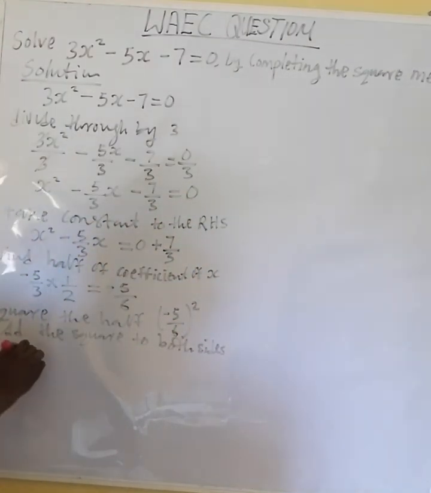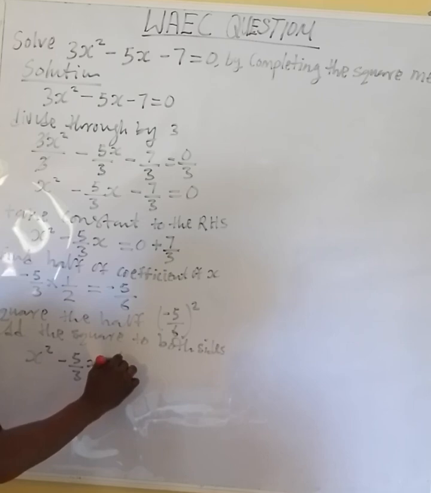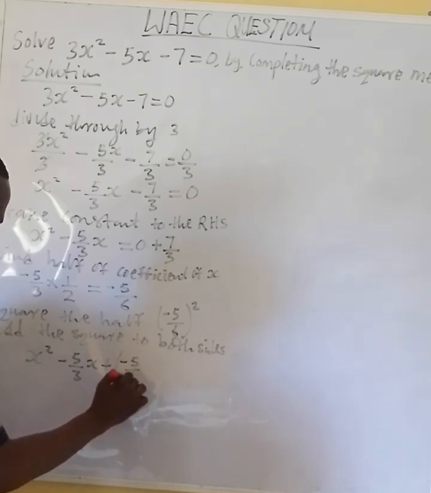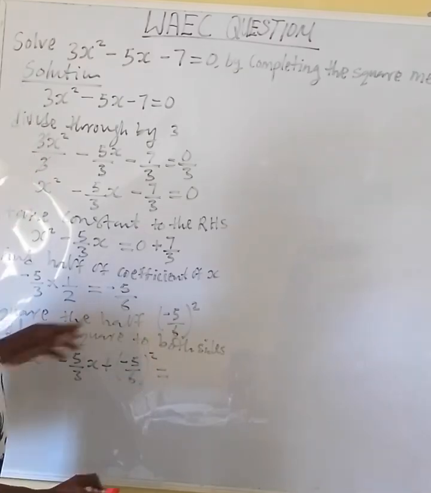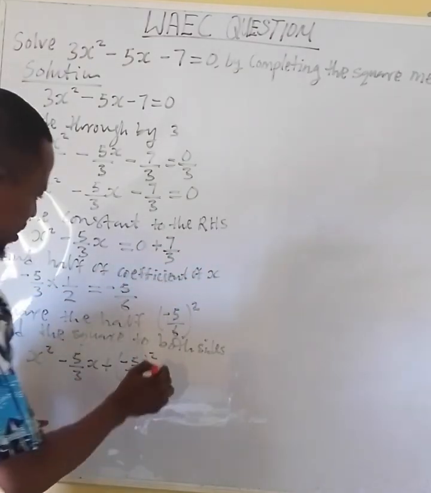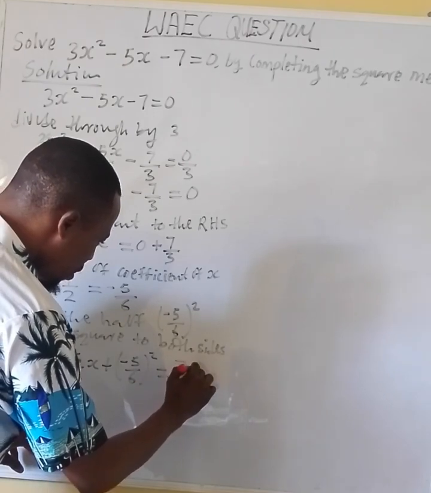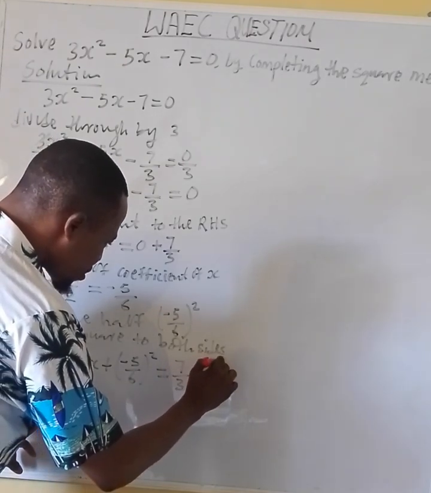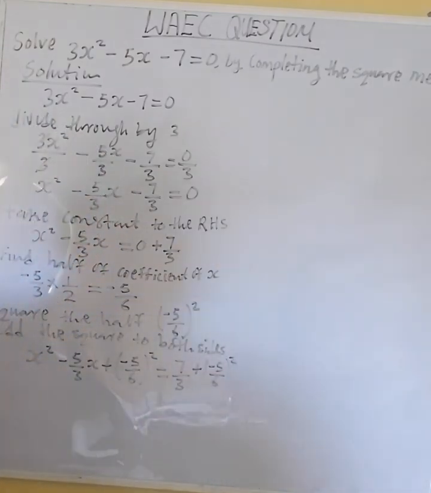It will now give us x squared minus 5 over 3x plus, open bracket, minus 5 over 6 squared equals, we have 0 plus 7 over 3. So that 0 now means nothing. 7 over 3 plus minus 5 over 6, everything squared.